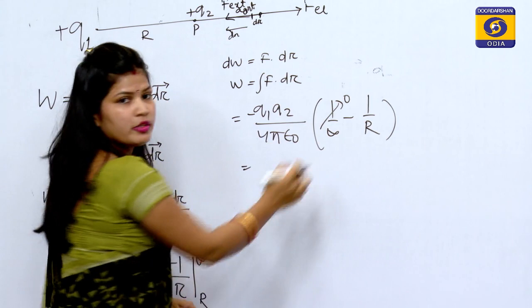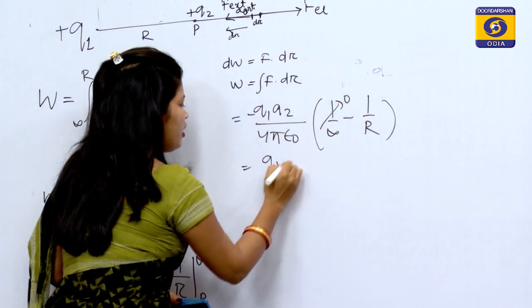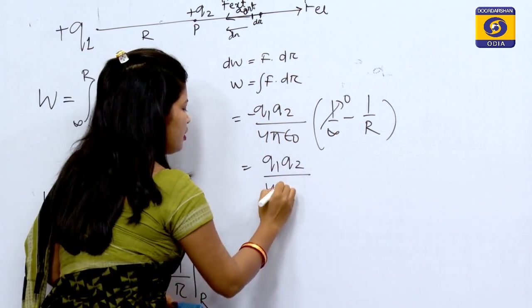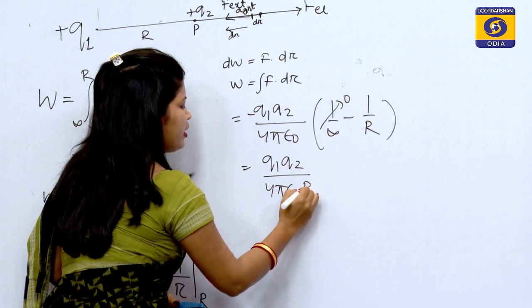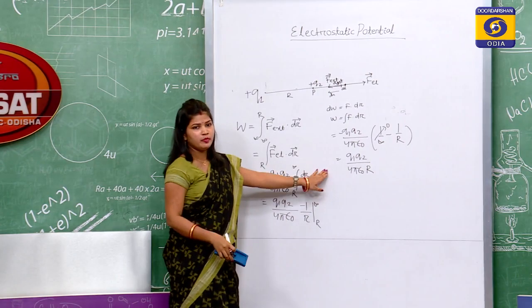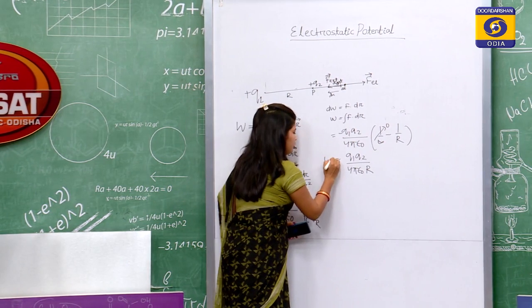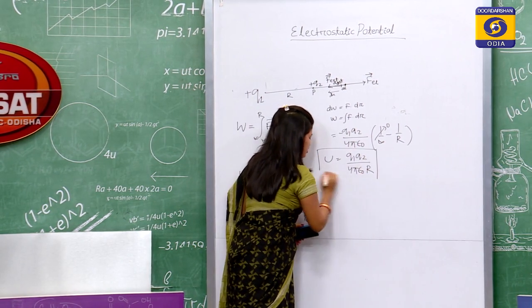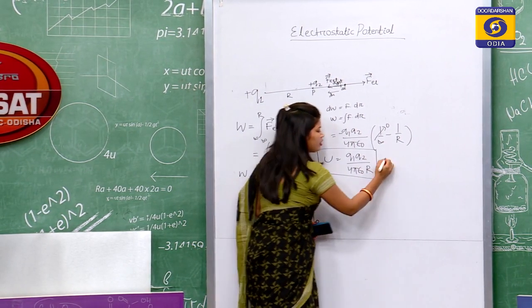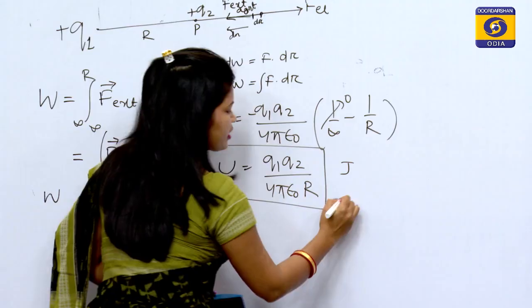So, minus times minus is plus, then q1 q2 upon 4 pi epsilon naught R. This is nothing but our electric potential energy. This has the unit of joule and this is a scalar quantity.